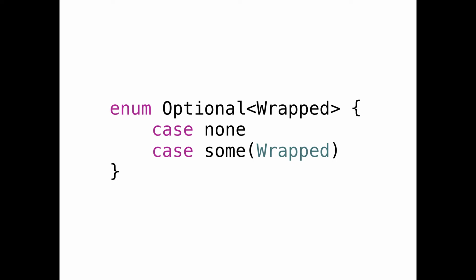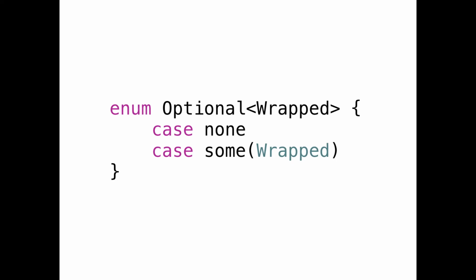That's our generic identifier. So optionals, like our bag, can be used to contain any sort of type. We define that type at runtime, but at compile time, we can think about Wrapped as just a variable for the type. It's this generic identifier that will get substituted.